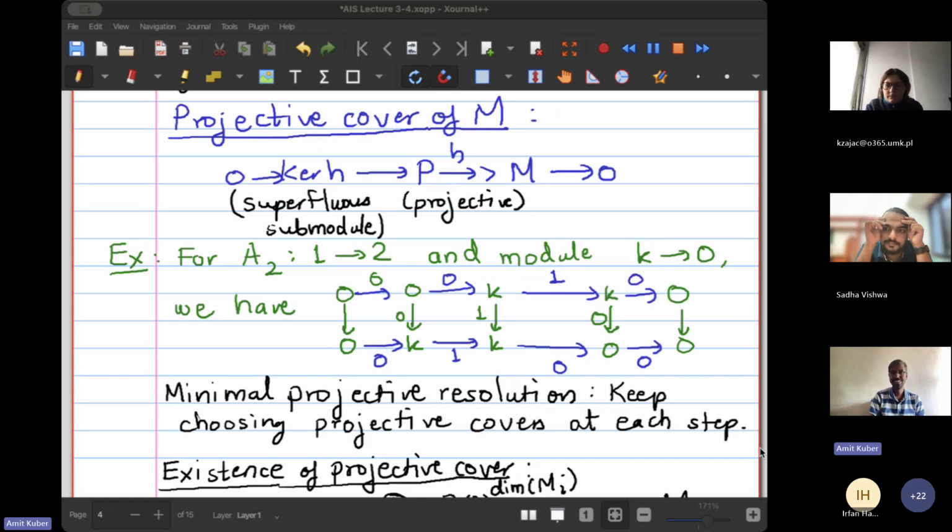Any guess? Just to see if everybody's awake. It's just itself. The identity map is the projective cover. We are using category theoretic language, so I always prefer to talk about maps rather than objects themselves. However, this K0 is not a projective module.